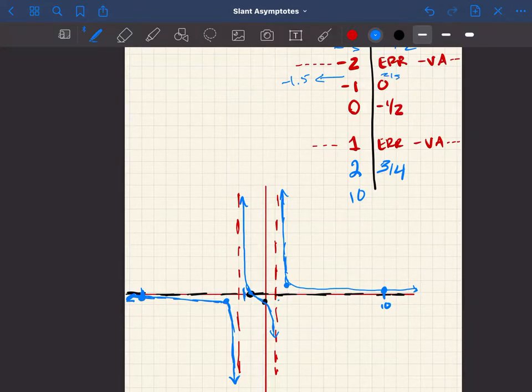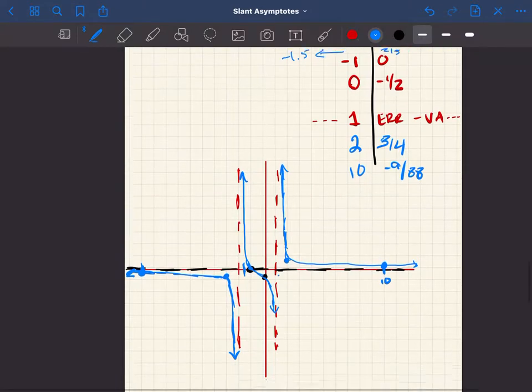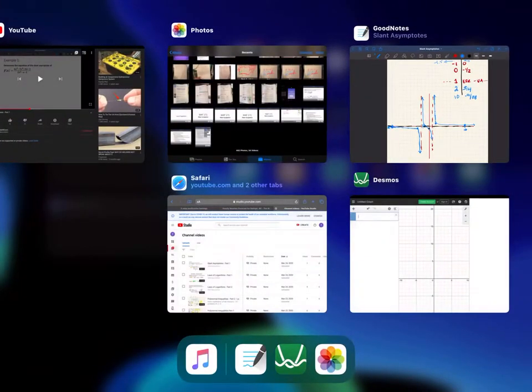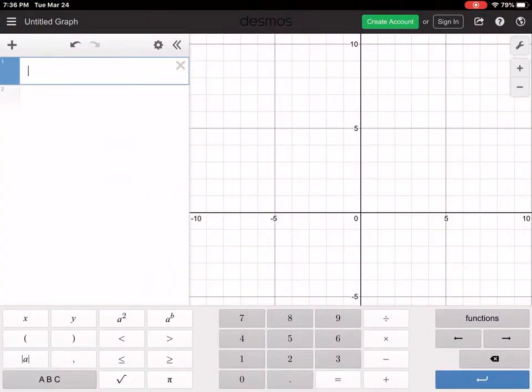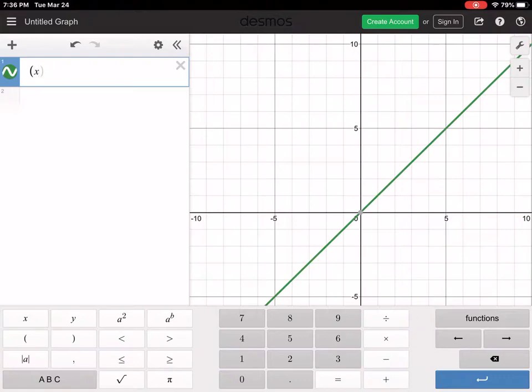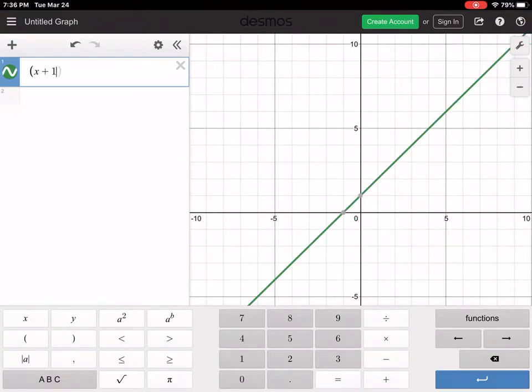All right, and then over here, just to write down my notes, we have that. If you want to check your graph, feel free to hop over to Desmos. We can do that here. I'm using an iPad to do this recording. I can go over to Desmos, and we can type in our function x plus 1.